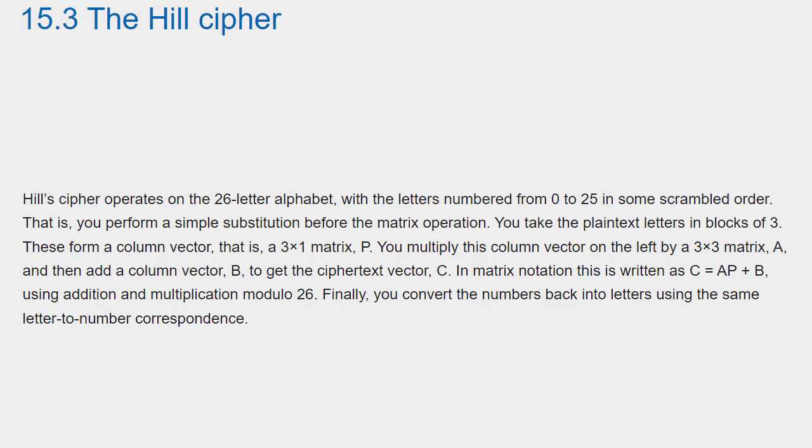These form a column vector that is a 3 by 1 matrix, P. You multiply this column vector on the left by a 3 by 3 matrix, A, and then add a column vector, B, to get the ciphertext vector, C. In matrix notation, this is written as C = AP + B, using addition and multiplication modulo 26. Finally, you convert the numbers back into letters using the same letter-to-number correspondence.